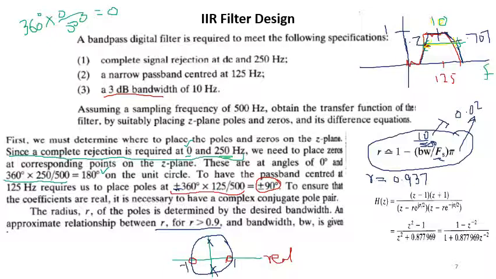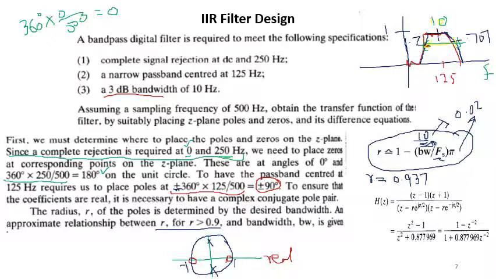Then it is divided by, because we also have two poles, z equals r e power j of the angle we found for the pole, which is 90 degrees, and 90 is pi by 2. So we have z minus r e power j pi by 2, and z minus r e power minus j pi by 2, because they are complex conjugates.